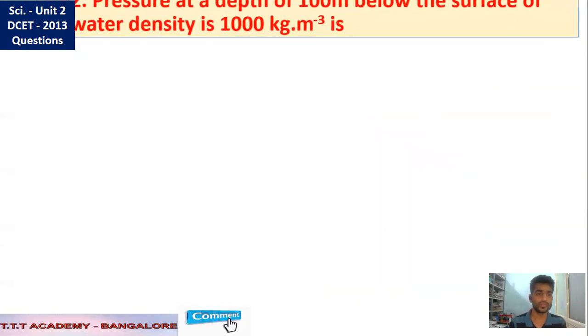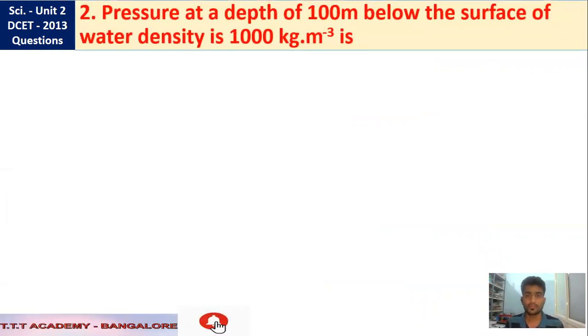Next, dear students, I'm going to proceed with the second question. That is, the pressure at a depth of 100 meters below the surface of water of density 1000 kg per meter cube is. Dear students, suppose you consider any container, in which I'm going to consider some amount of water.